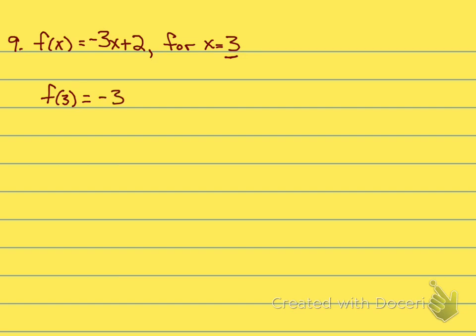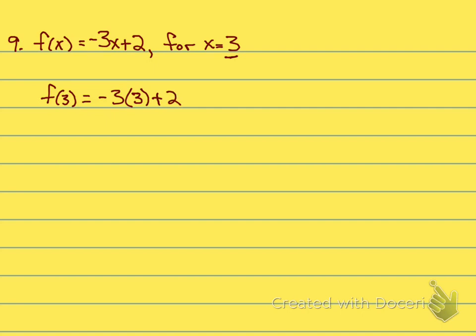Alright. So, we have, for number 9, f of x is equal to negative 3x plus 2 for x equals 3. Okay, so we're going to plug 3 in for x. So f at 3 is equal to negative 3 times 3 plus 2.